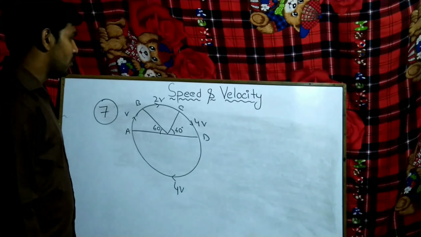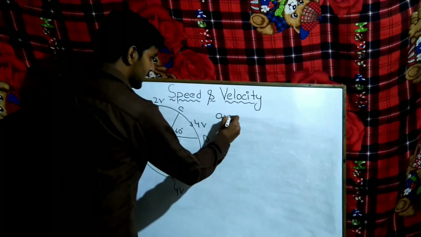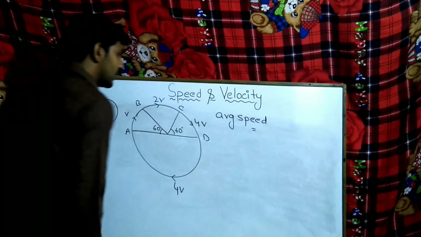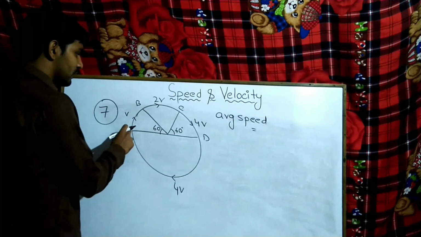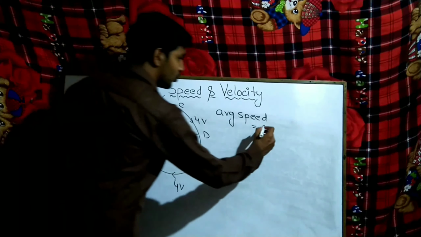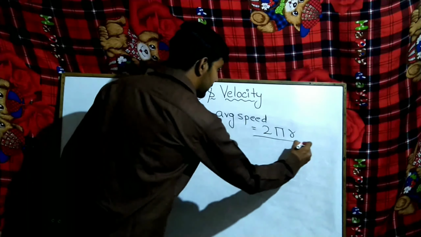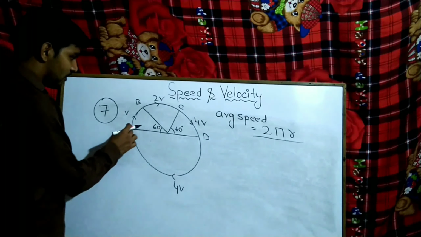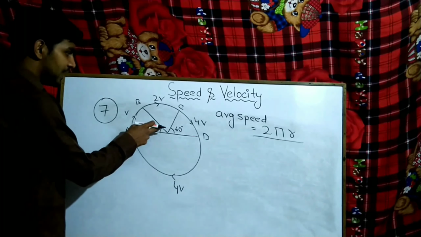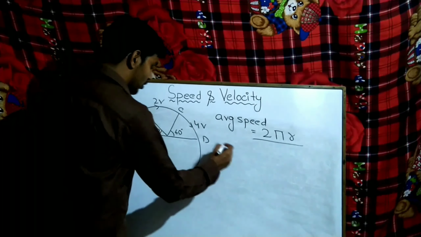Now, average speed is equal to total distance. Starting from A, it completed one round, so total distance means the circumference of the circle, 2 pi r, by total time. We don't know the time, but from A to B, the speed is given and it makes 60 degrees.